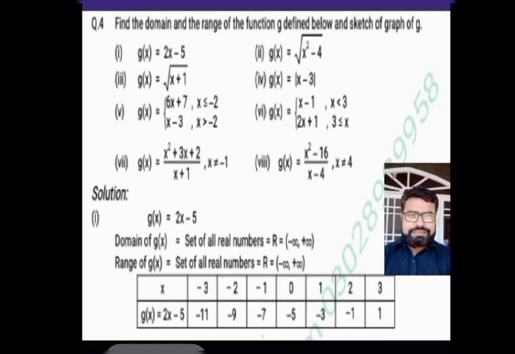There are 8 parts in this question, and I will tell you the types of the function also, as it is not required in this, but I am giving you the extra knowledge. I am telling you the types of the functions, name of the functions, and then I will tell you the domain and range of all these parts, and we will draw the graph as well. So let's start.